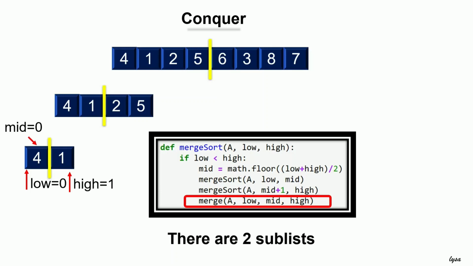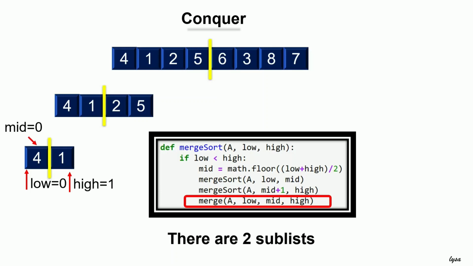One we call the left sublist and the other we call the right sublist. And the left sublist and the right sublist that go into merge are already sorted. The function of merge is to sort these two sublists and make a bigger list of two elements.